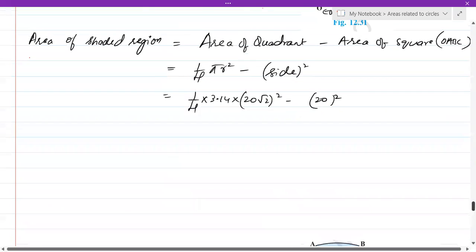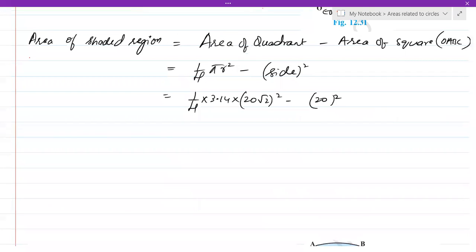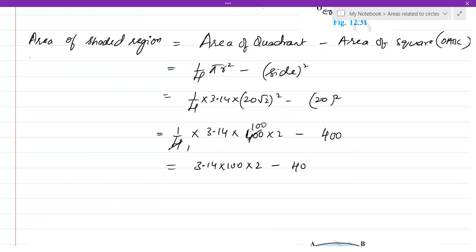So let's simplify this. 1 by 4, 3.14 into 20 square is 400. Root 2 square is 2. Minus again 20 square is 400. So here we can cancel 4 ones are 400s are. So we'll be left with 3.14 into 100 into 2 minus 400.